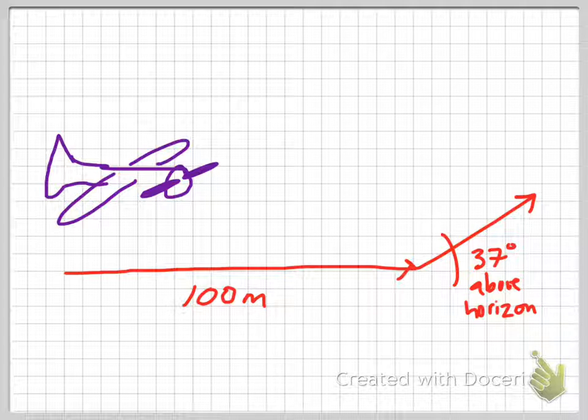If I want to find its resultant displacement from point A to point B, and it travels at 37 above the horizon for 20 meters, and then it probably has to change its approach angle because that's pretty crazy steep. Can I find the resultant of that motion graphically? Sure.